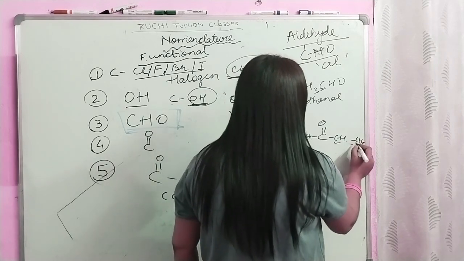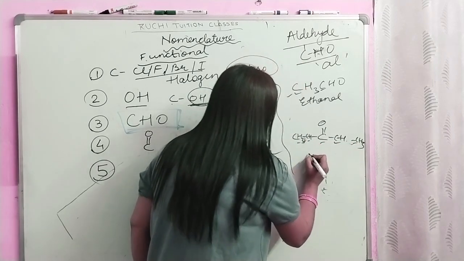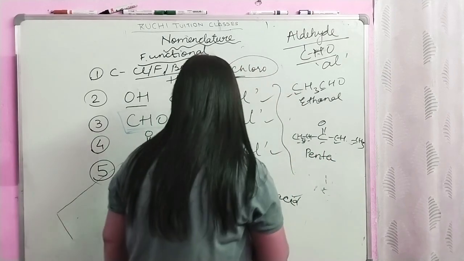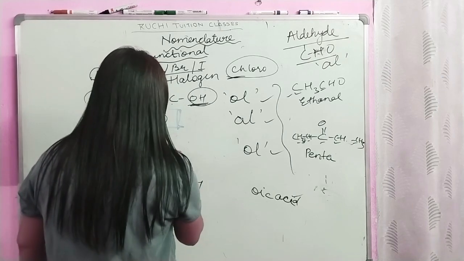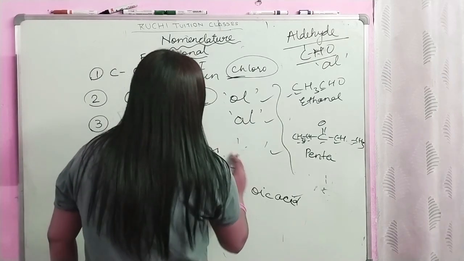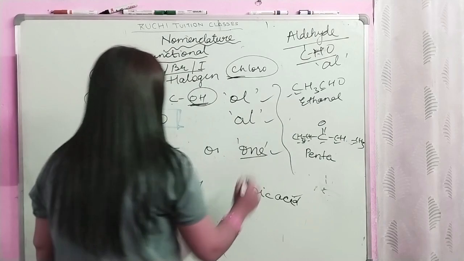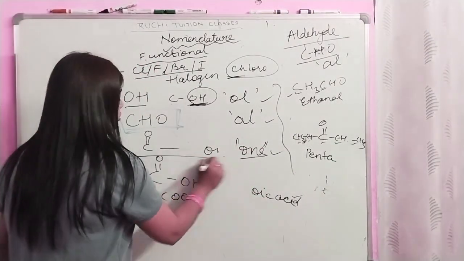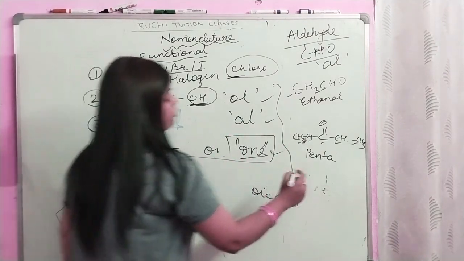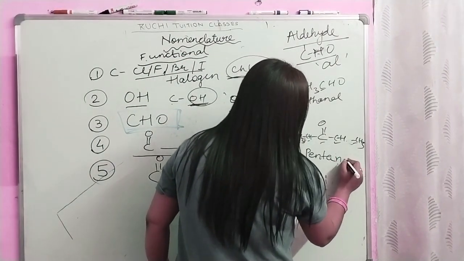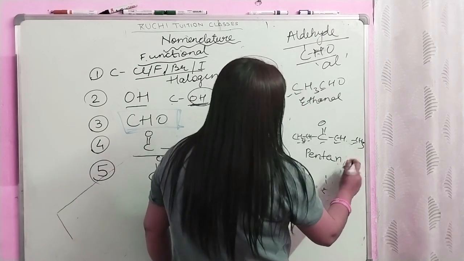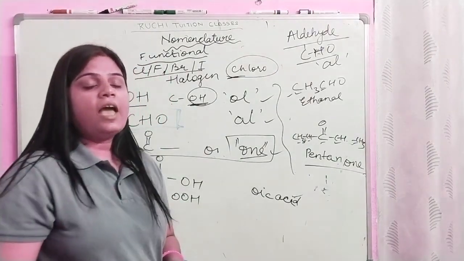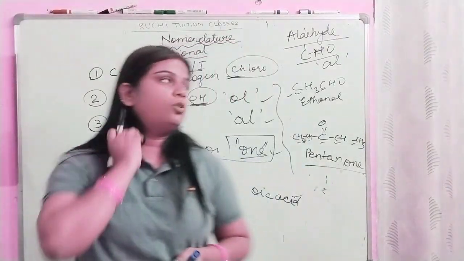How many carbons are there? 1, 2, 3, 4, 5. So pentane. Sorry, I have written ol and al here, so this is wrong. For ketone the suffix will be one. So pentane, we erase E, and here we write pentanone. I think this will be clear to you all.